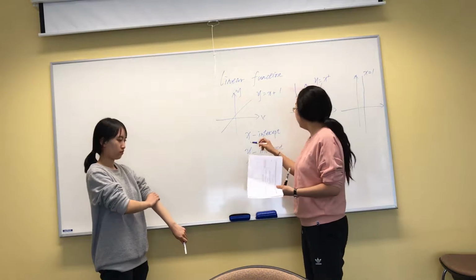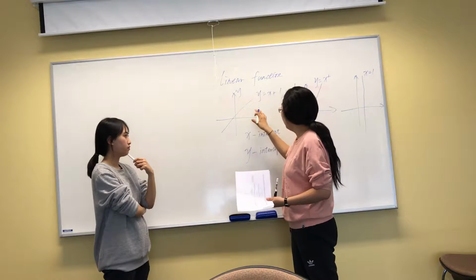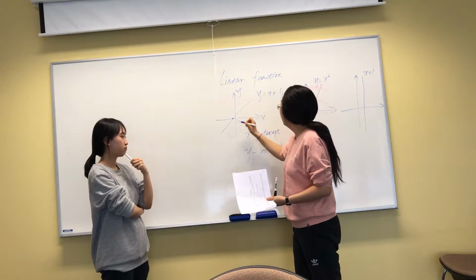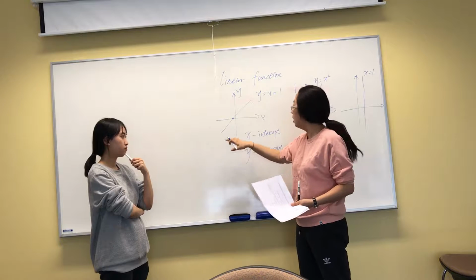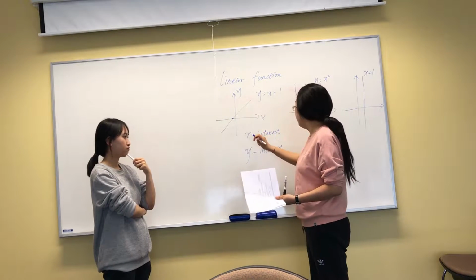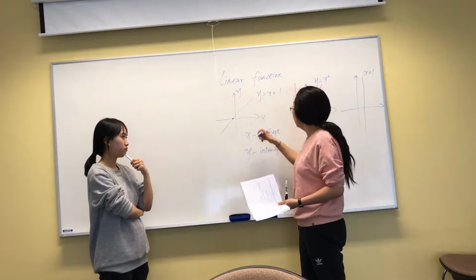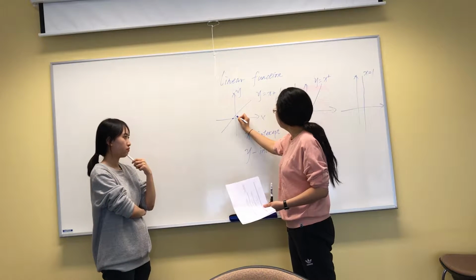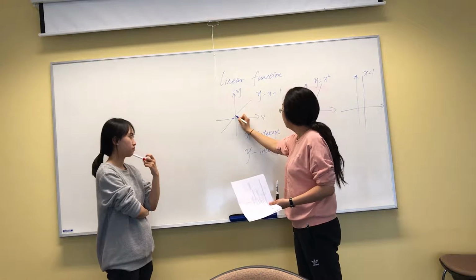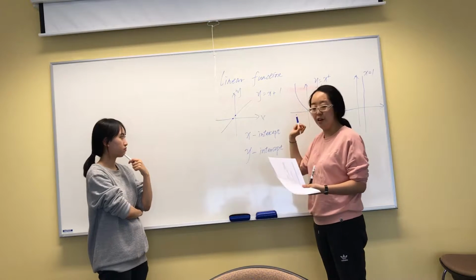The x-intercept is basically where the line crosses the x-axis. So that's the point where the linear function crosses the x-axis, right? So this point will be the x-intercept. And the y-intercept is where the graph of the linear function crosses the y-axis. So this point here would be the y-intercept of this linear function.